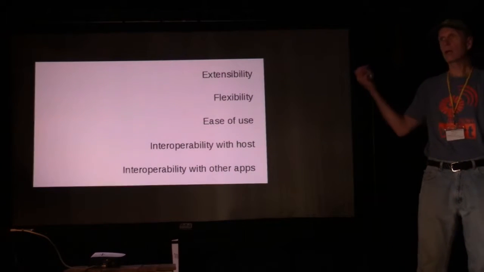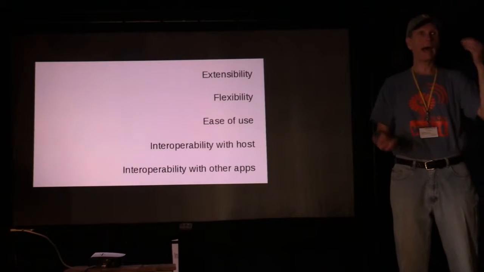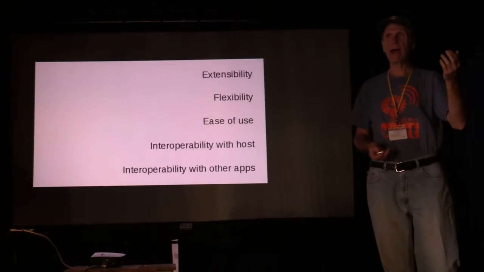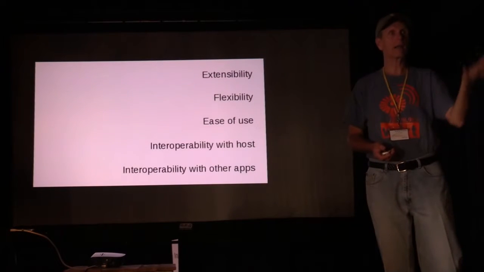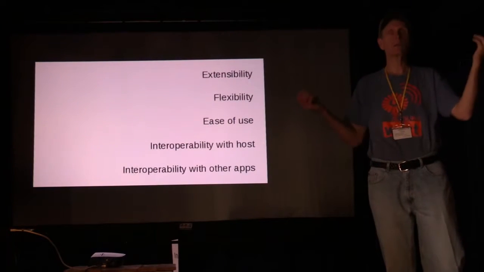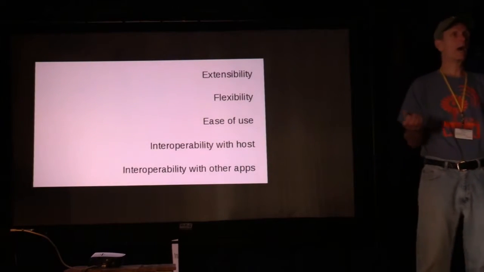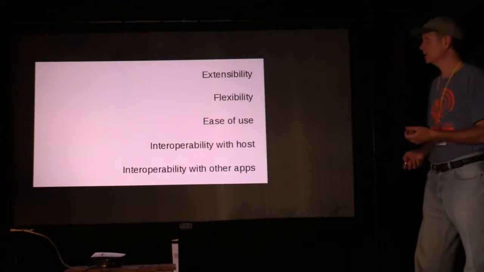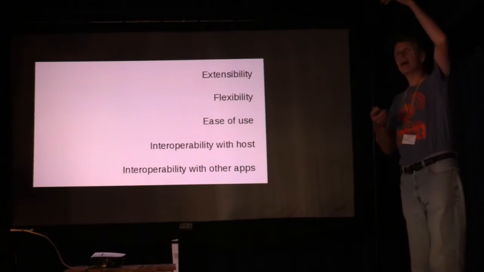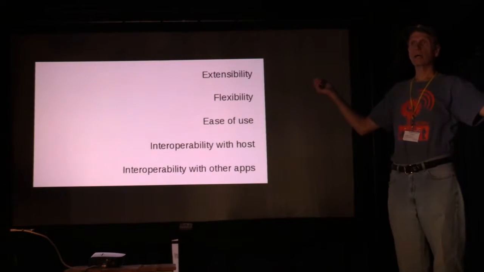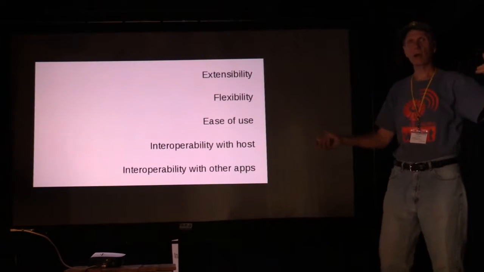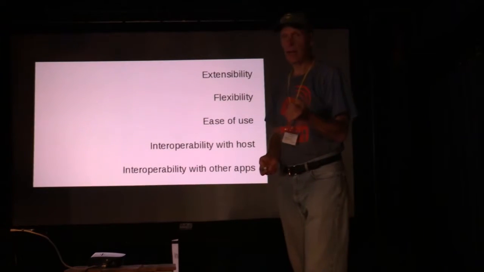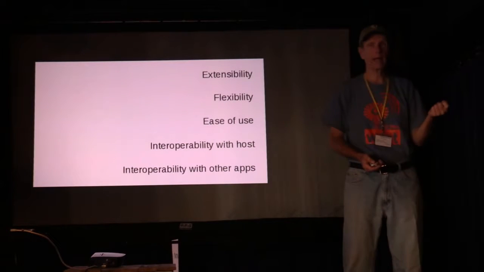So working with other apps is a key one in my view. If I have a playlist, or if I've got a library already in iTunes or something like that, how do I get that out of iTunes and into my library in my automation system? So these are high-level, broad aspects of automation systems that I would recommend evaluating and asking about when you're doing that evaluation.